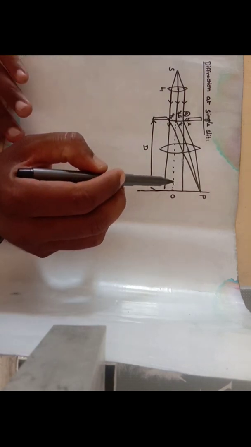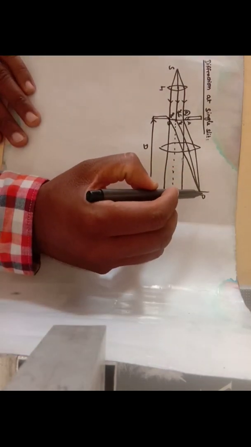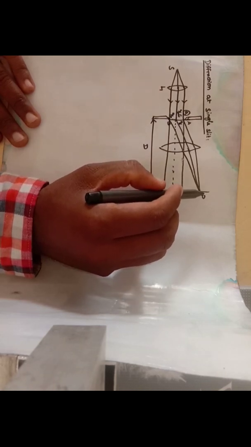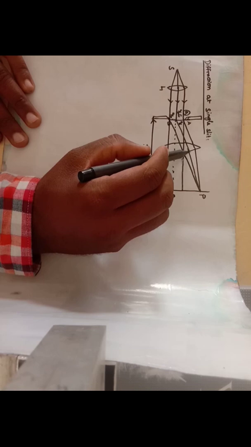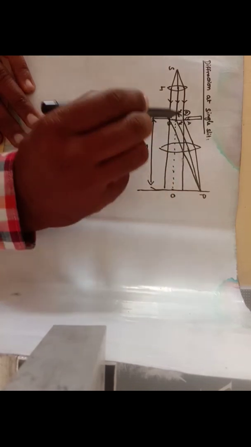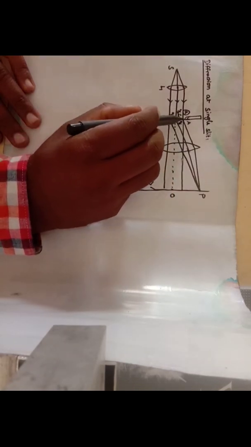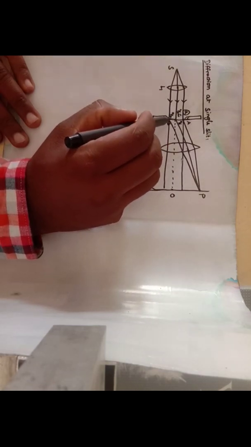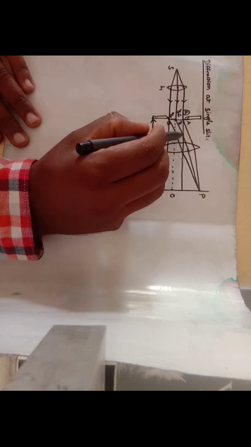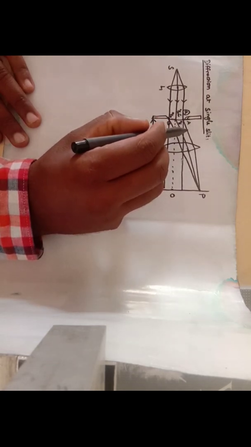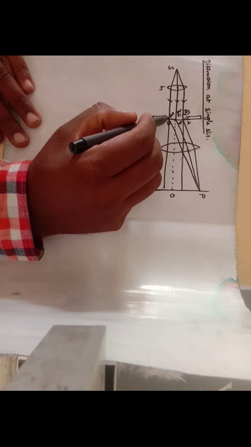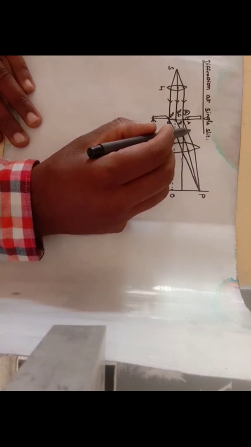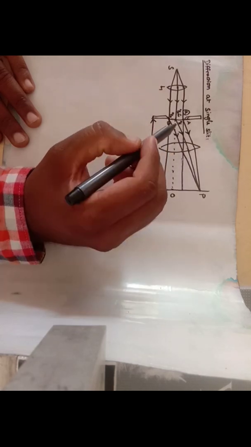To find the intensity at a point P on the screen, at point P an intensity is produced by the diffracted beam. This diffracted beam is diffracted at the different points of the slit. The diffracted rays from different points of the slit are treated as parallel rays.